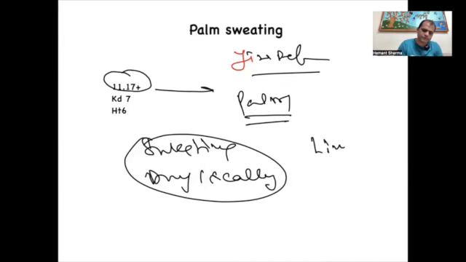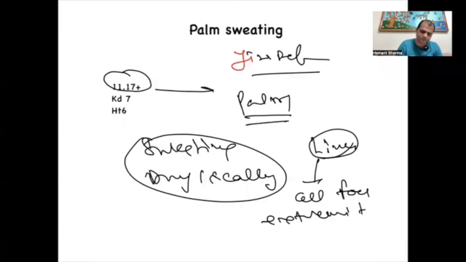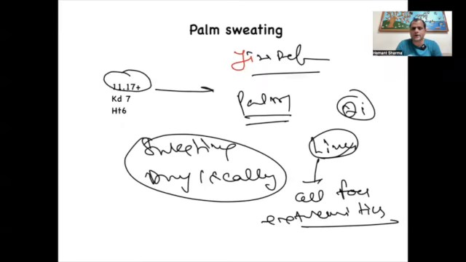The liver is the organ that controls all four extremities. Extremities means both arms and both legs. So the chi in both extremities is supplied by the liver energy. 11.17 is a very good point.